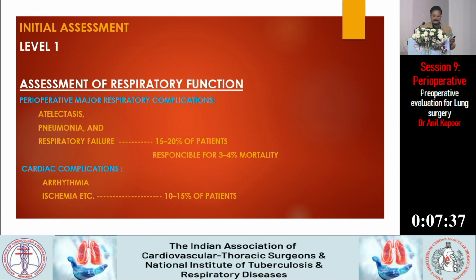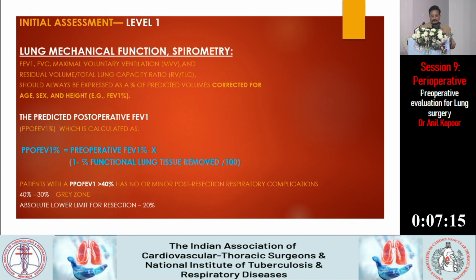Level 1 investigation or assessment are important because major perioperative risk of atelectasis, pneumonia, and respiratory failure are in the range of 15 to 20%, and cardiac complications like arrhythmias and ischemia are around 10 to 15%. So we have to just prevent them from happening. In spirometry, you note down everything, and that is to be expressed in corrected way in the percentage predicted.